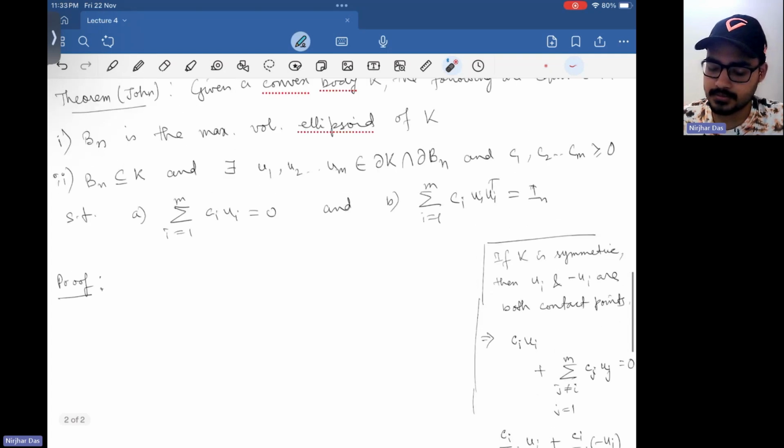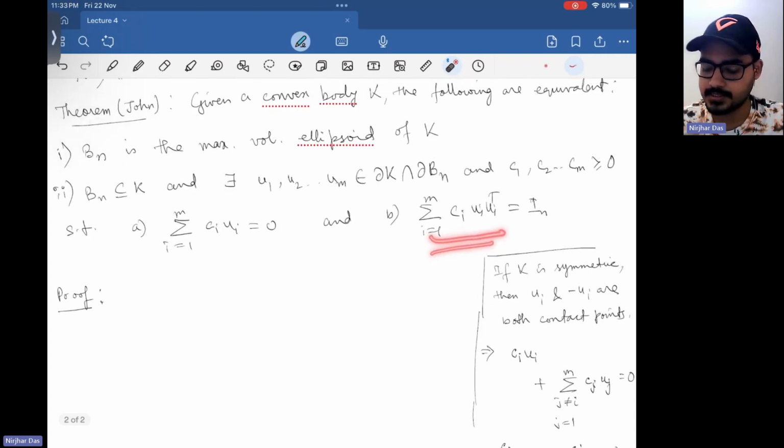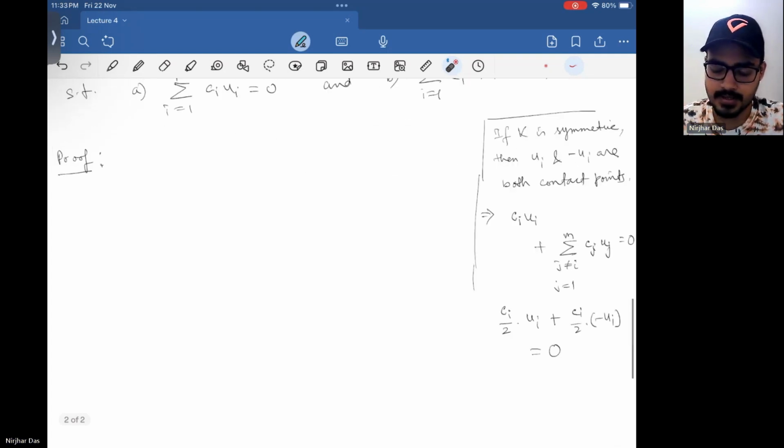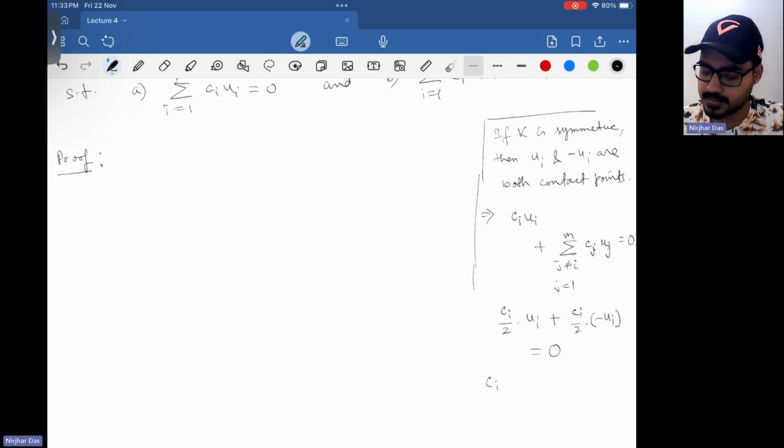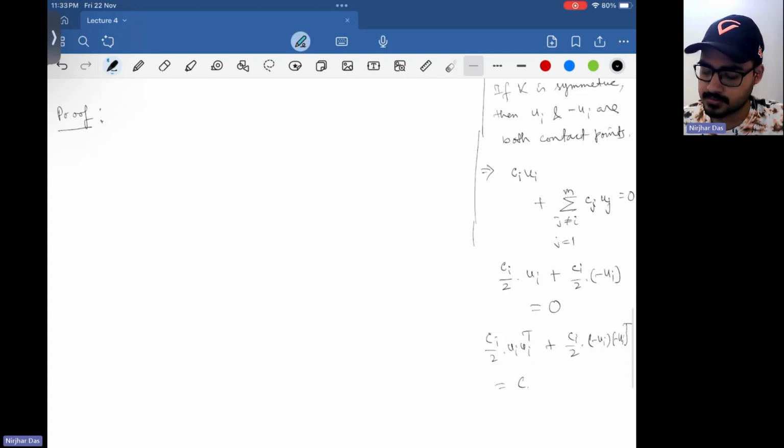And note that this second condition does not change, because again we have Ci by 2 ui transpose plus Ci by 2 minus ui transpose, and this thing is actually Ci ui transpose.